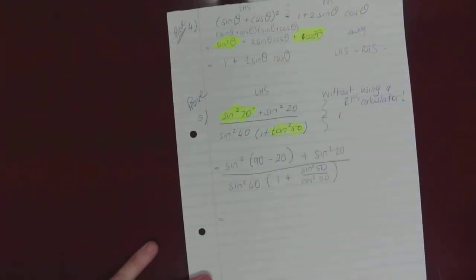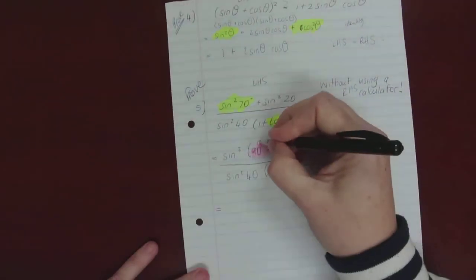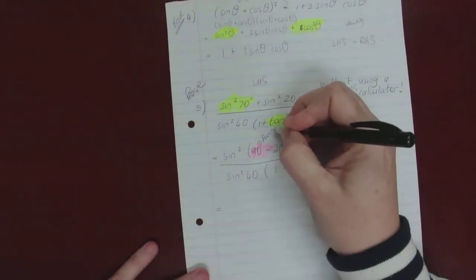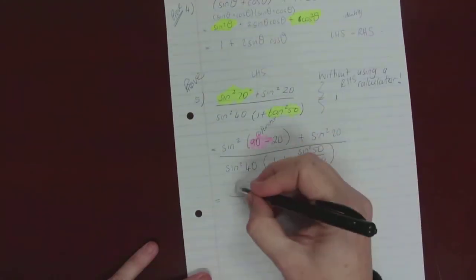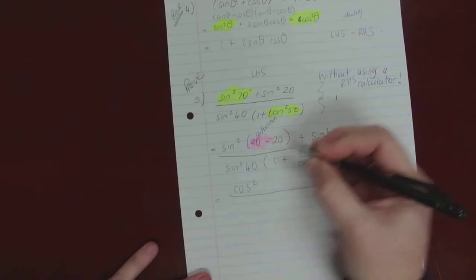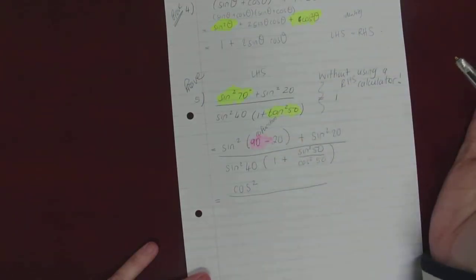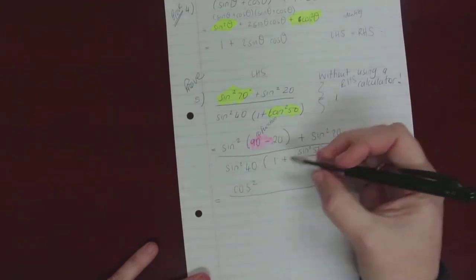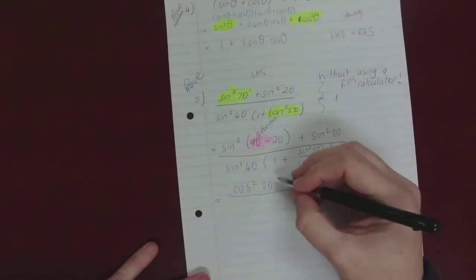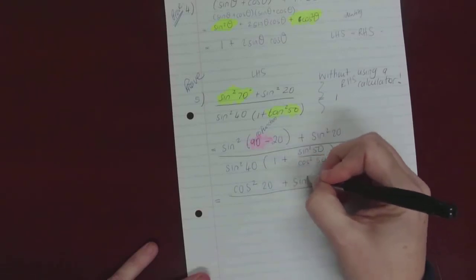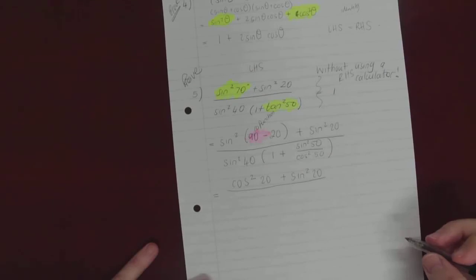So the moment I see 90 minus, I know this is a cofunction. That means sine will have to change to cos, and in 90 minus, it means it's the first quadrant. Cos will be positive, so I'm dealing with cos 20. So cos squared 20 plus sine squared 20 will be on the top.